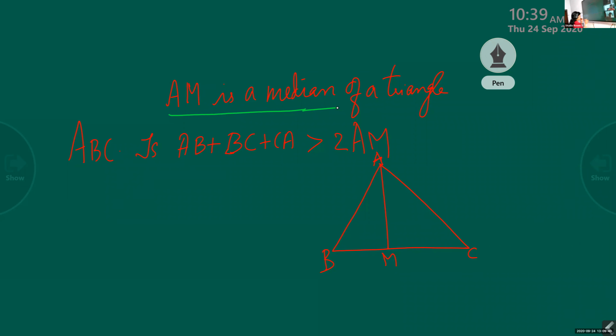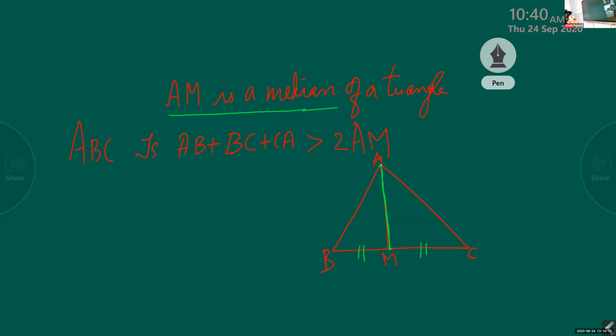This M is the midpoint and this AM is the median. So the median is from vertex A, and its opposite side is BC. It is dividing BC into two equal parts. That is the peculiarity of median.